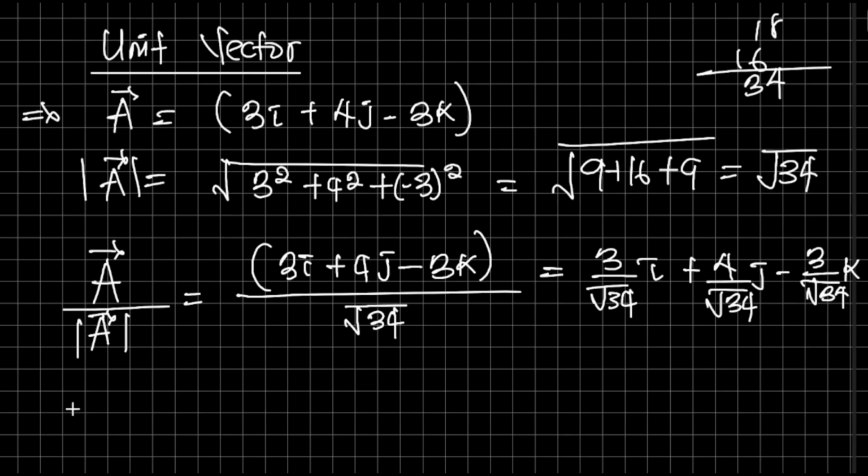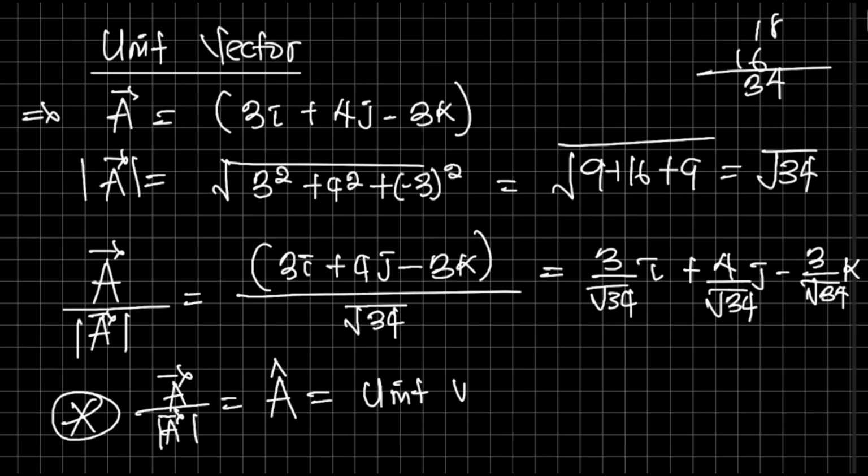So the parameter we have here, A over magnitude of A, is called a unit vector, unit vector A. So this is how you compute a unit vector.